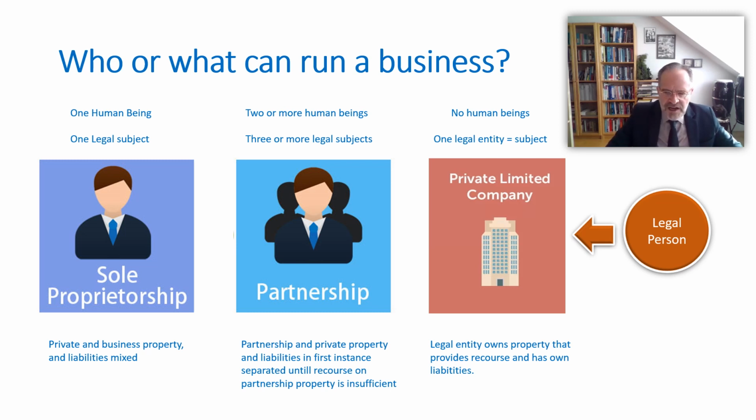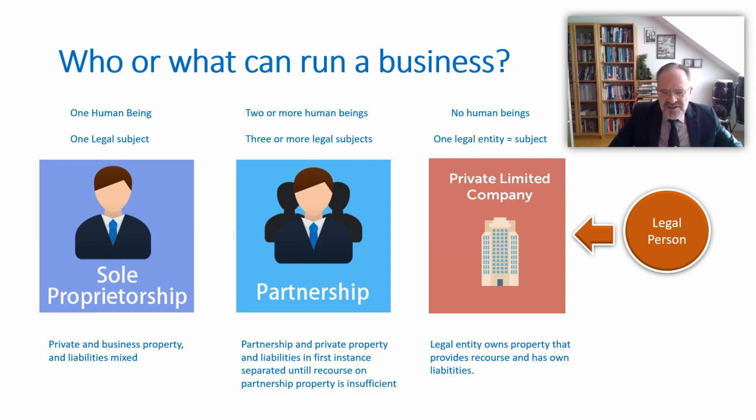A sole proprietor mixes private and business property and private and business liabilities. So there is basically, from a legal perspective, no distinction between the human being running the business and the business as such.